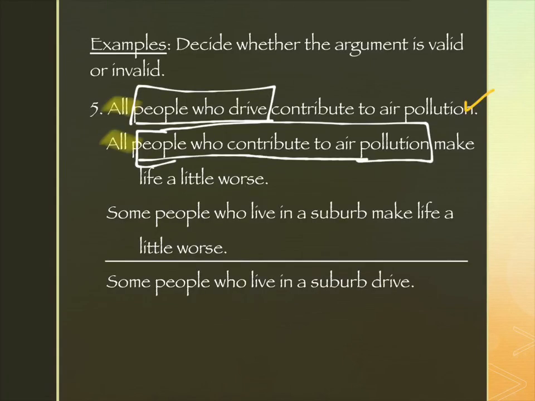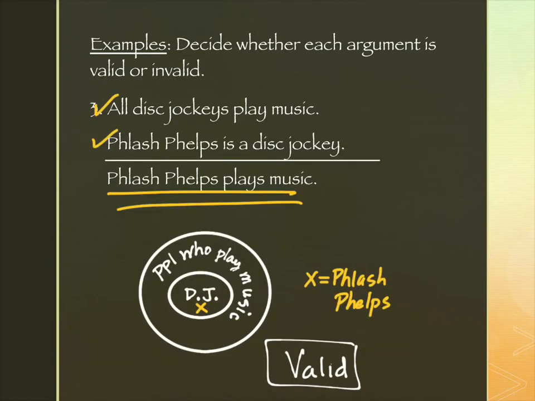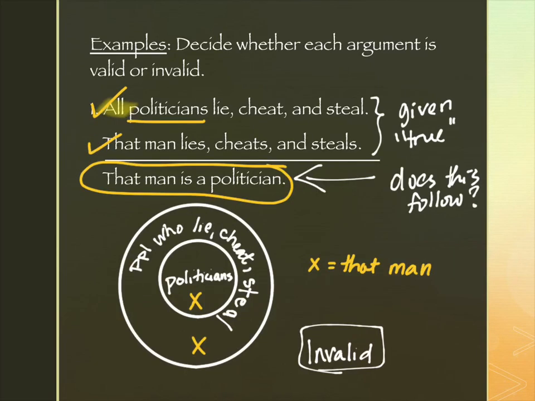While I do see the word "some" for some people, the some people is very much like encountering one of them, Jessica Long, or Flash Phelps, or D. Boyles, or that man. The some people are the object, the X, that I'm looking for at this point.